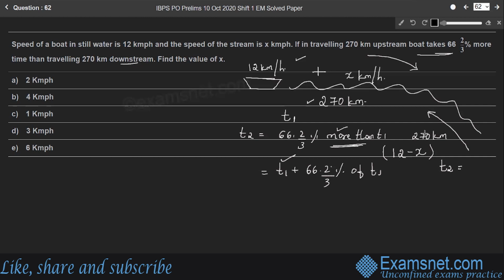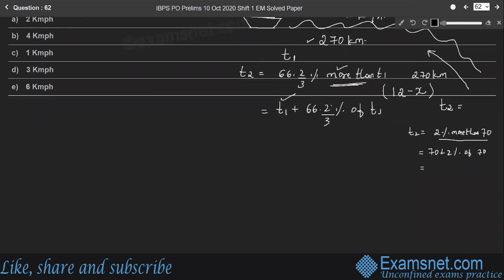For your better understanding, if a value is 2% more than 70, it is not 2% of 70. It is 70 plus 2% of 70. So 2% of 70 means 2 by 100 times 70, or 7 by 5. So 70 plus 7 by 5 gives 2% more than 70.